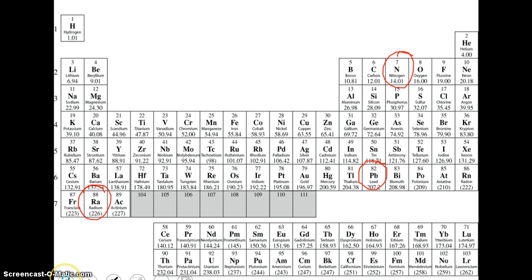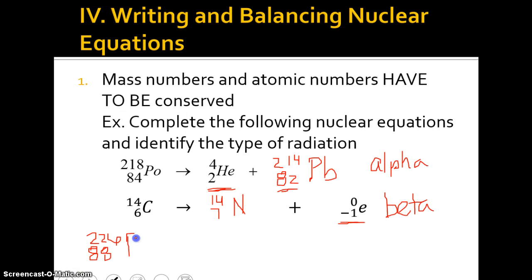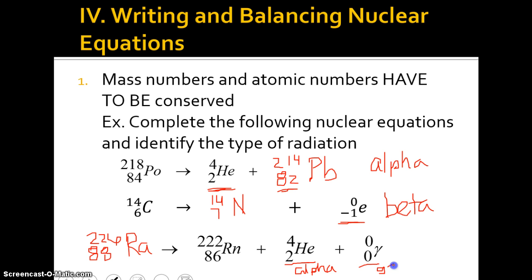That is Ra. To figure out what type it is, we've got this and we have this. So this is alpha and this is gamma. So it has 2 types for this one.